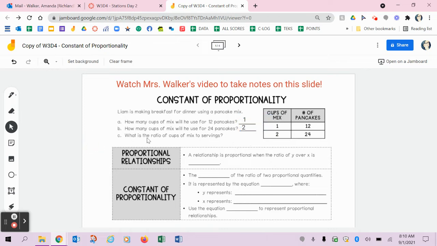And it says, what's the ratio of cups of mix to servings? Be mindful when they want a ratio, you have to do it in the right order, the same order they give you. Cups of mix would be 1, and servings would be 12.